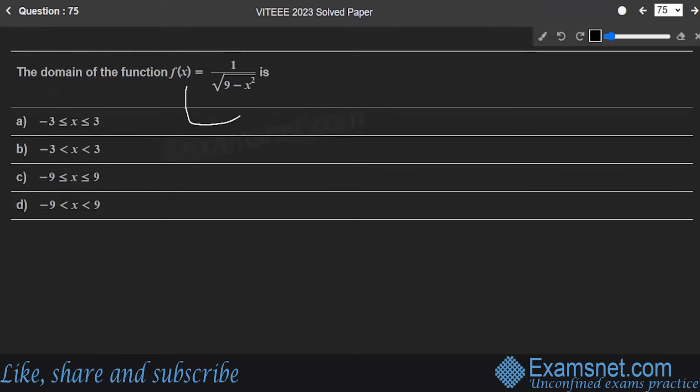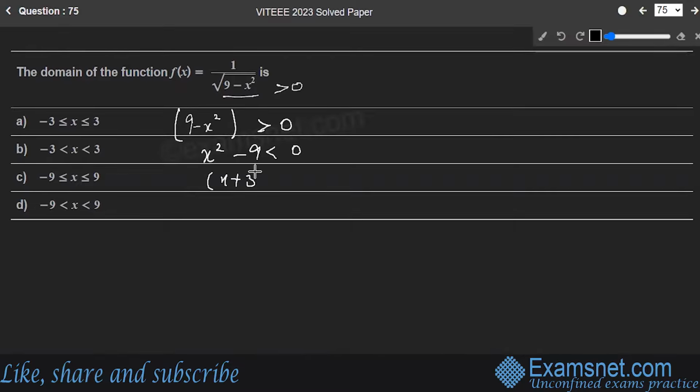Next is question number 75. Domain of the function f(x) = 1/√(9 − x²) is. We have to find the domain. This is the given function. So clearly one thing is this, that 9 − x² first of all should be positive, greater than 0, right? And it cannot be 0. So simply it is greater than 0. Correct. So 9 − x² should be greater than 0, or x² − 9 should be less than 0.